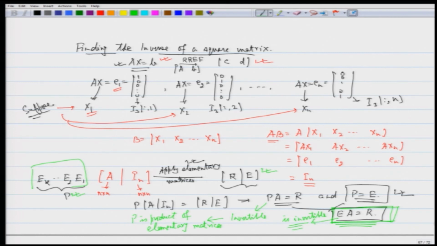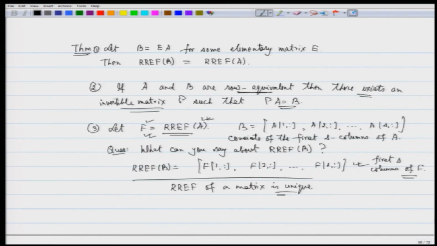Now, what can I say about R? Let us try to understand that, fine. So, let me write it here before going to the next page. What we are saying is that E is invertible. Now, if I look at A, what we had learnt was, let me go back here, that if B consists of the first S columns of A, then the RREF of B, this new matrix, is nothing but the first S columns of the RREF of A itself, all right.